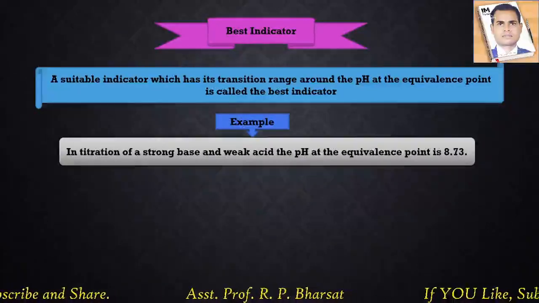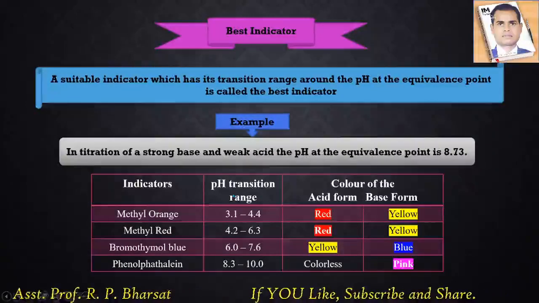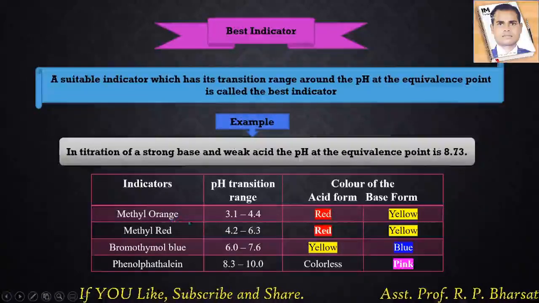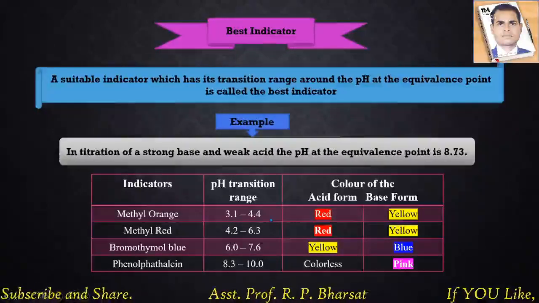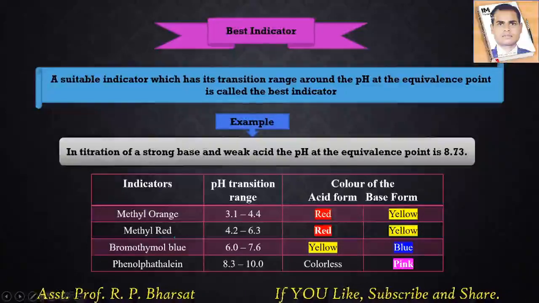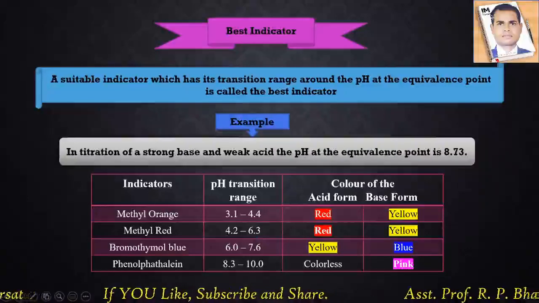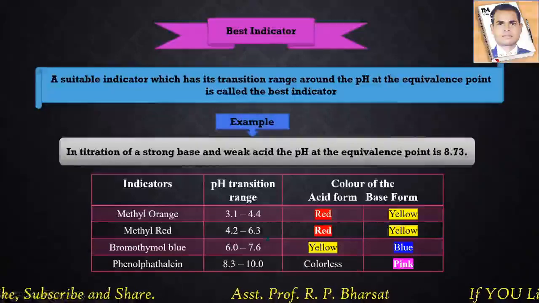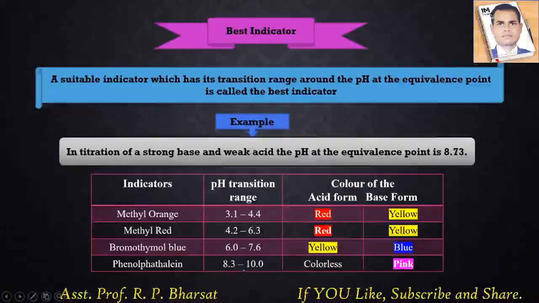Here again you can see indicators with different pH transition ranges: methyl orange 3.1 to 4.4, methyl red 4.2 to 6.3, bromothymol blue 6 to 7.6, and phenolphthalein 8.3 to 10.